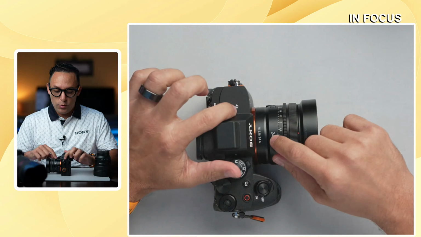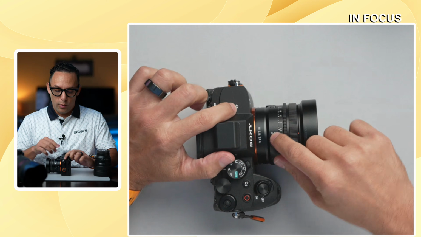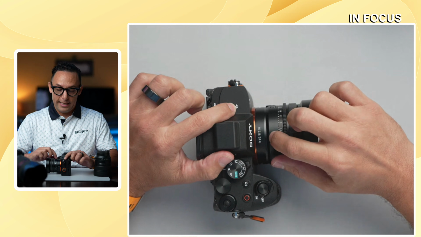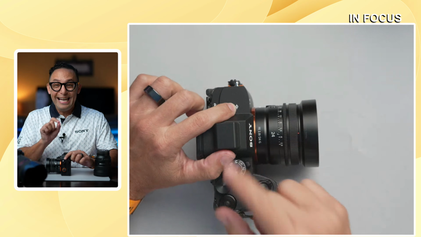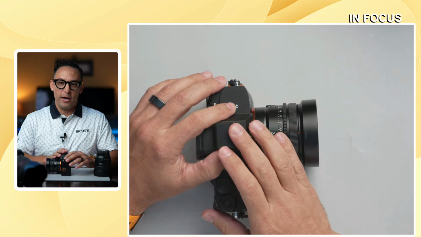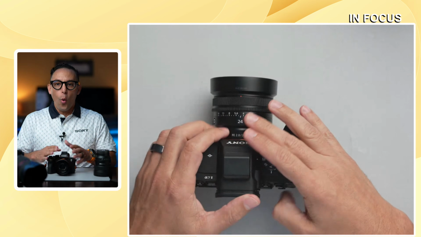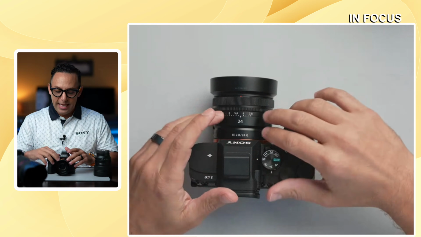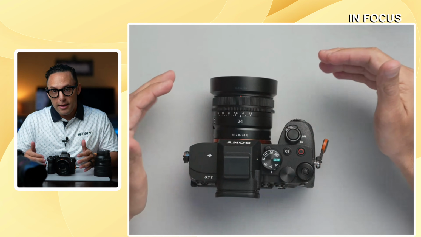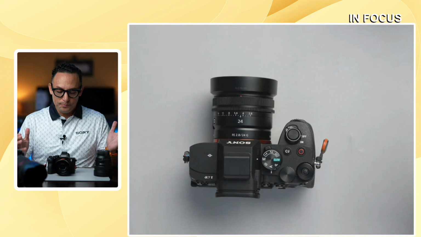The distance between this focal plane, where the sensor is, to the nodal point of the lens is literally 24 millimeters. The lower the focal length, the wider the angle of view.